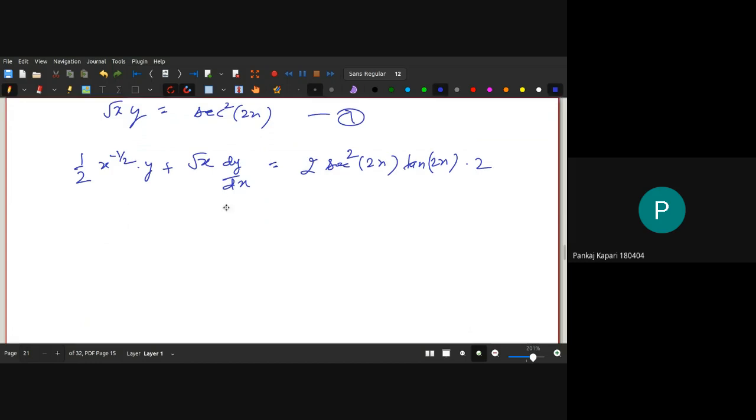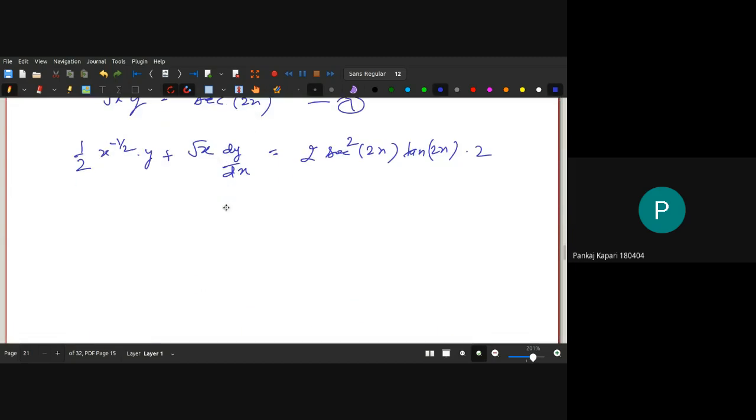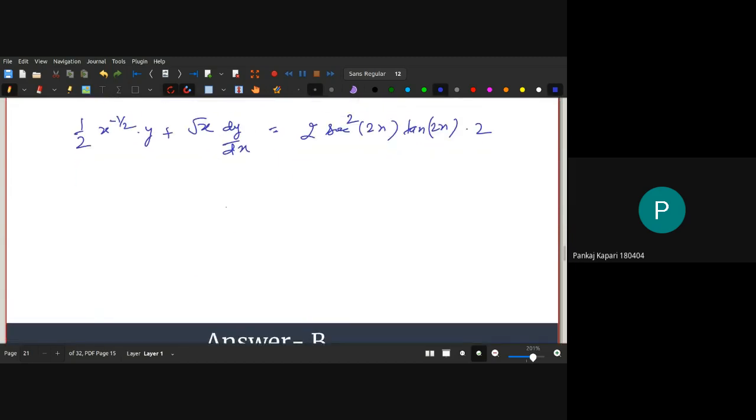Okay. So from here we have dy over dx, and we have to find out twice of cos of 2x square, right? So you can see that on the right hand side we have 4 times 1 over cos square 2x, and then we'll just keep it like this, tan 2x.